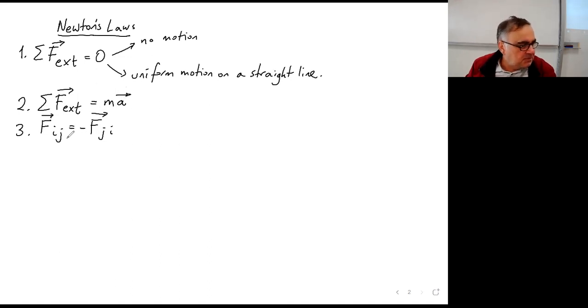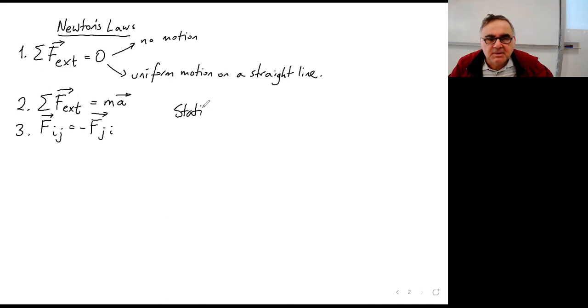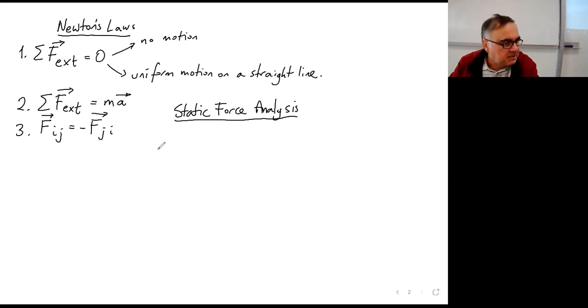That is, the forces are reciprocal in a way. So let's keep this in mind, and let's start the static force analysis. For now it will be a review. I will just state very obvious facts. As you know, force is a vector.